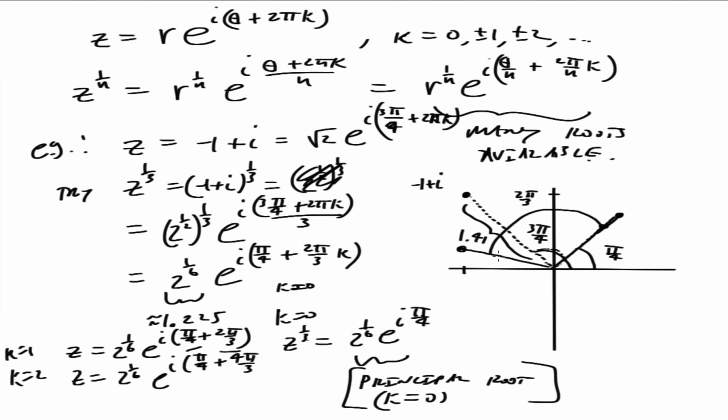Okay, and so that's another 2 pi over 3, and that goes around to about there. And now if I go to k equals 3, you see I've actually gone back over to this one right there. So we don't have to worry about that one. So these are the 3 roots. And we see that this is the principal root.